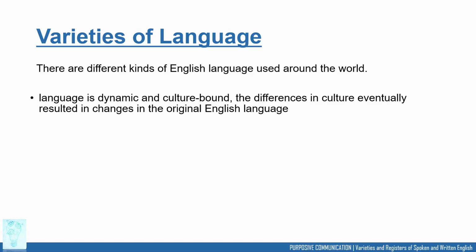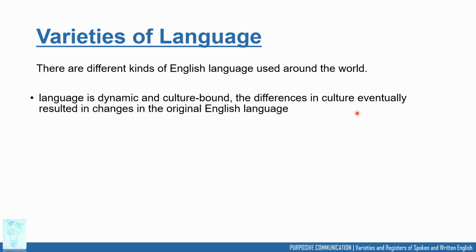For example, in Australia, the English there is still English, but there are words, phrases, cliches, and slang that they only understand because they are in relation to their culture. So the culture affected the language and vice versa.